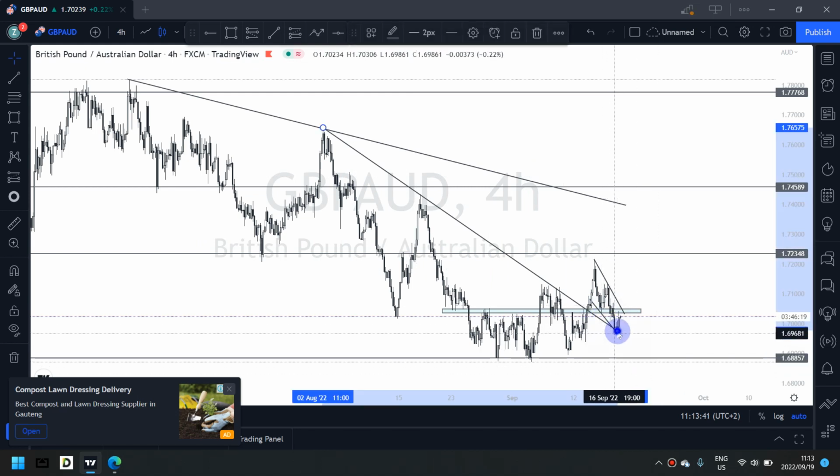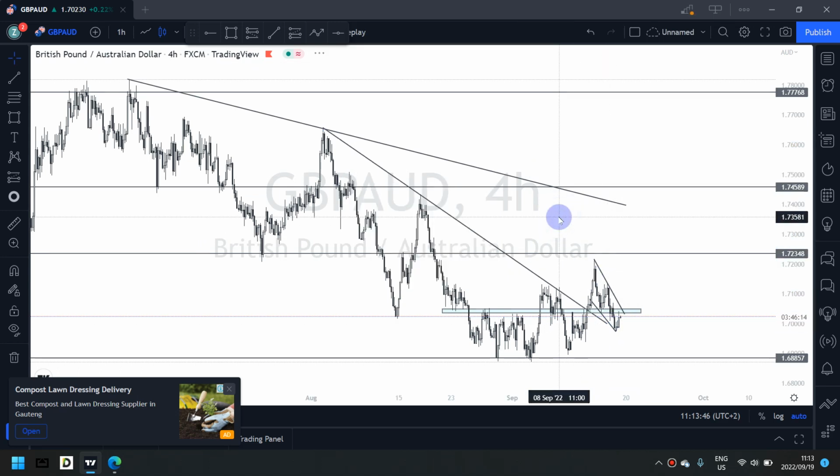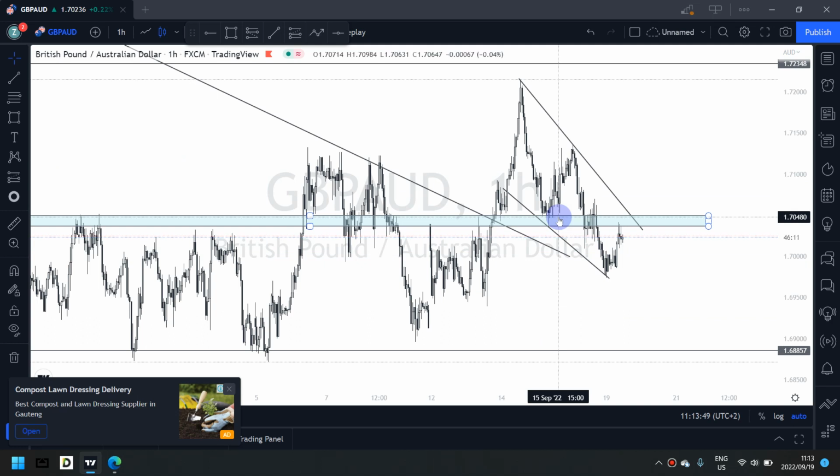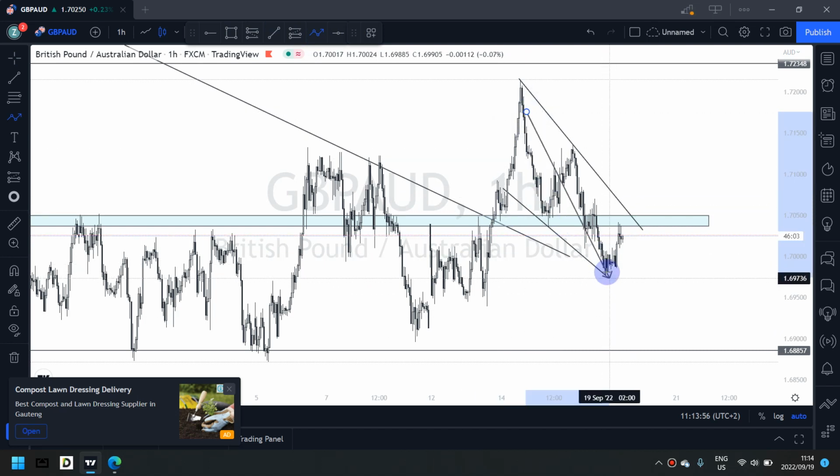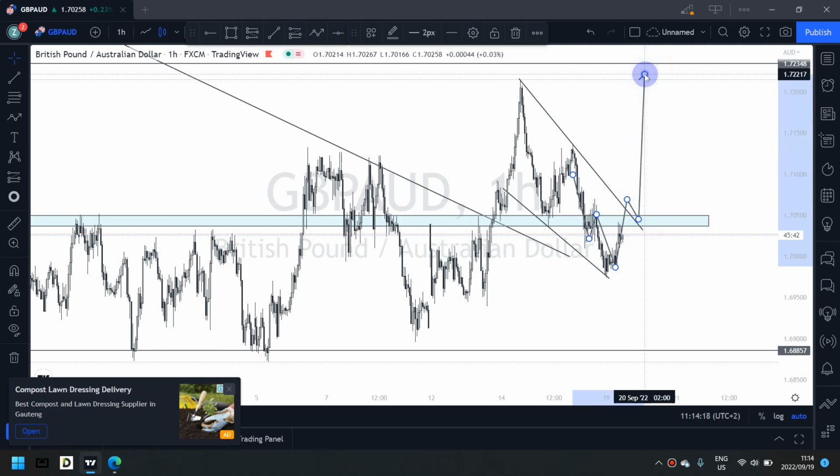So now moving back to the hourly time frame, we have this retest right here, and the retest might either be an increasing double bottom, or if you look closely, I am seeing a formation of an inverse head and shoulders, a reversal chart pattern, right?